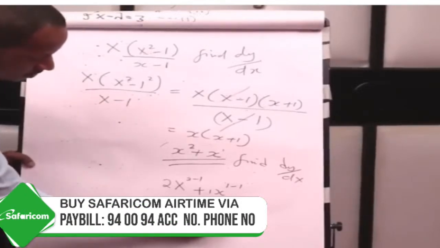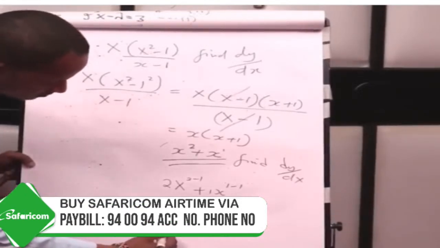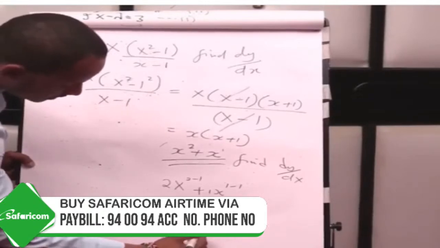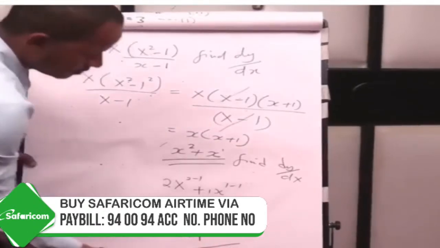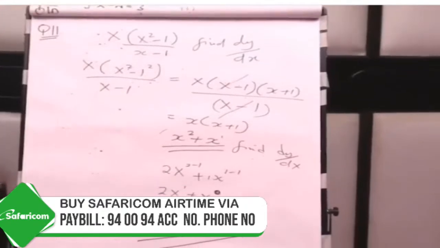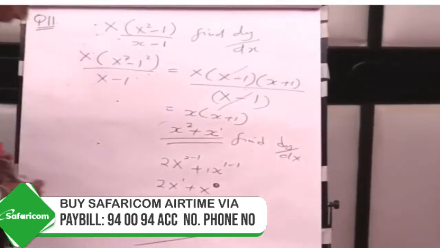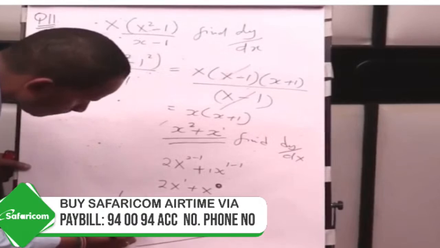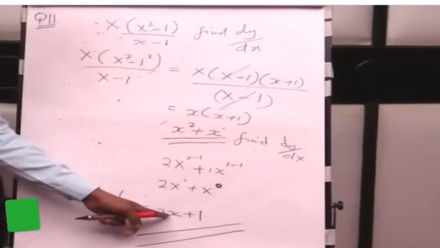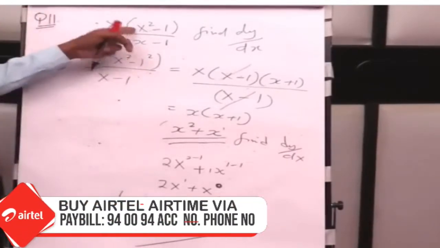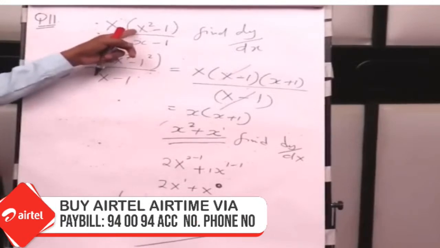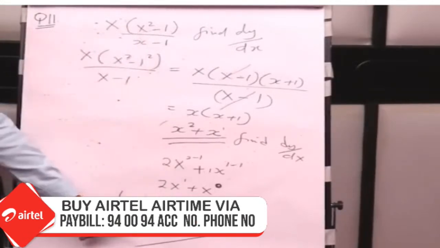Any number raised to power 0 is equal to 1. Therefore, this becomes 2x plus 1. This is what we get. This is the dy dx equals 2x plus 1. This value differentiated comes to this.